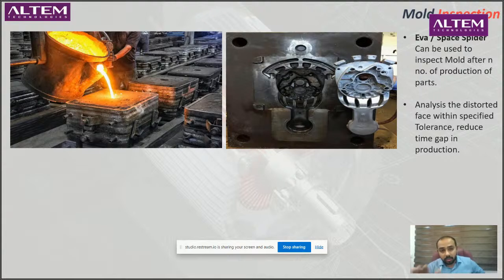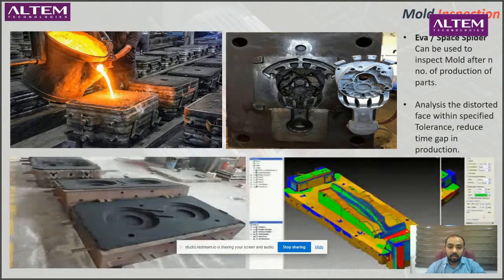So you can replicate those mold surfaces with the scanners or this digitization technology, compare with your master CAD from your design library, and find the changes, what differences you have.